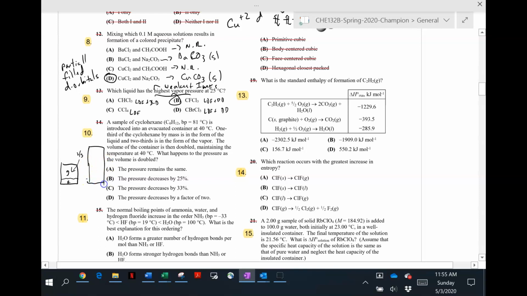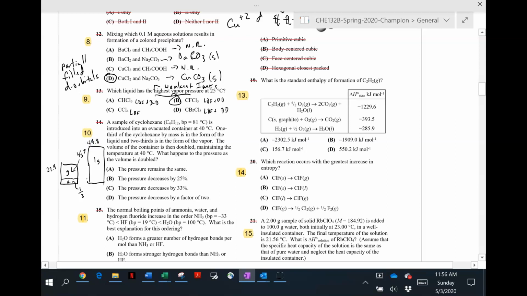So let's say this is 1 mole, so 1/3 and 2/3, and this would then be 1 mole of gas only. Okay, so 2/3 mole of gas, 1 mole of gas. If we call this volume, let's say this was 22.4 liters, this would be twice that, 44.8 liters.